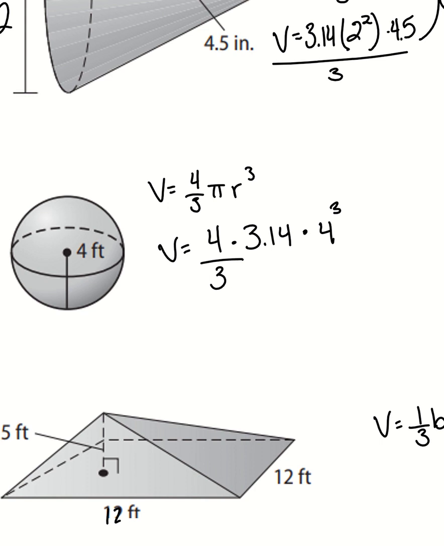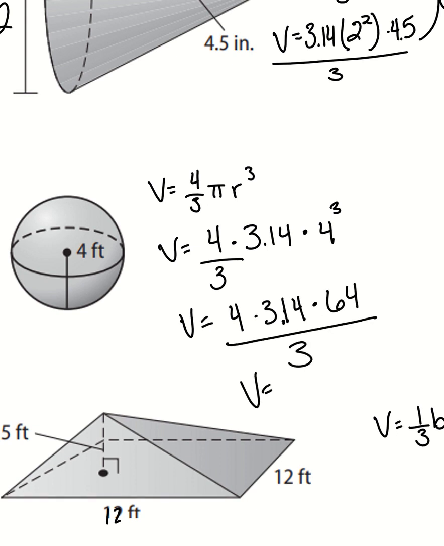Okay, so I'm going to get the volume is equal to 4 times 3.14 times 64, because 4 cubed is 64, divided by 3. I'm just going to plug this into my calculator straight across.